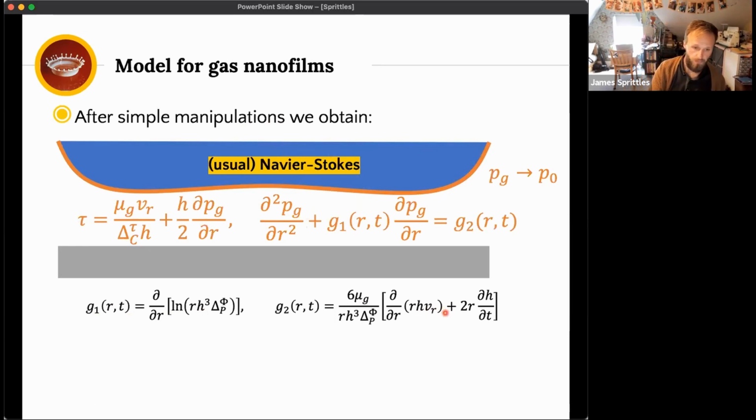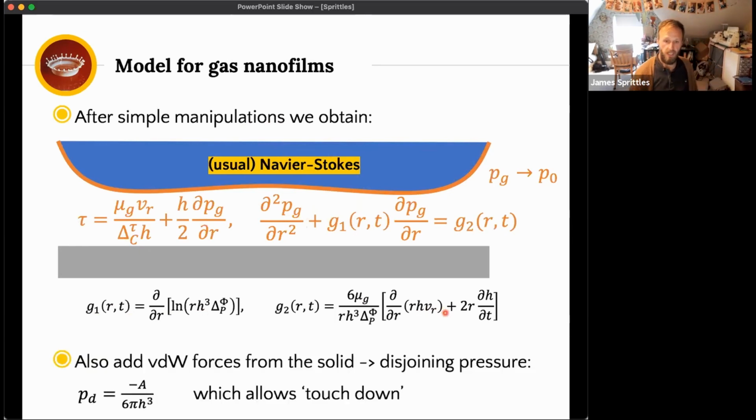On top of this, to force these surfaces to touch each other when the gaps are very thin, reaching scales of tens of nanometers, we have disjoining pressure, which we have to add. It seems a little bit ad hoc at this point. It looks like all it's going to do is just touch the two surfaces. But what I'll show you later is it actually brings its own kind of physical effects with it, which we can measure.